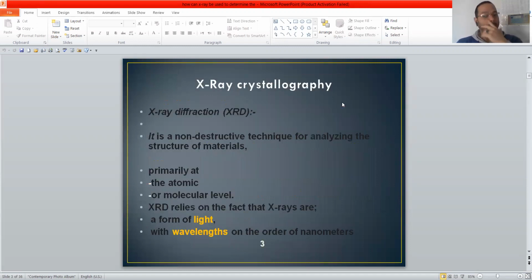Let's start with what XRD is. XRD means X-ray diffraction. It is a non-destructive technique for analyzing the structure of materials. We will use the structure to determine some important things, for example to know if this is a cubic structure or a tetragonal structure, and many things like that, primarily at the atomic and/or molecular level.